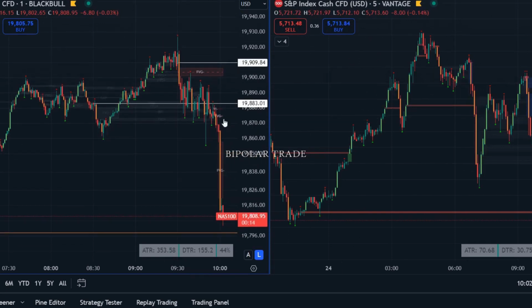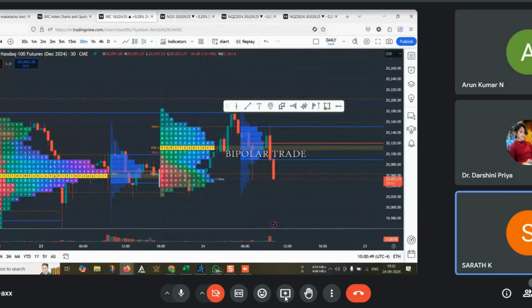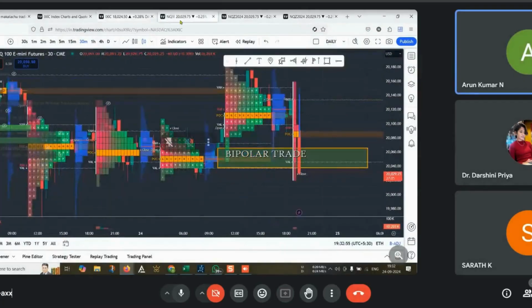Sarath, you can take over and share your screen. Yeah. Sarath, do you still have the TradingView hanging issue?